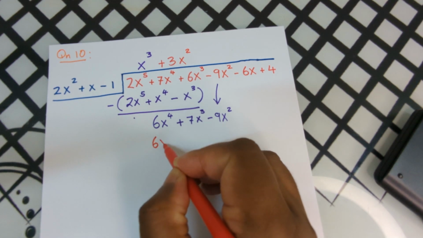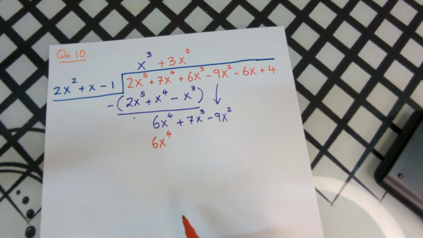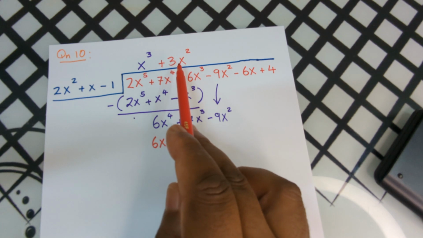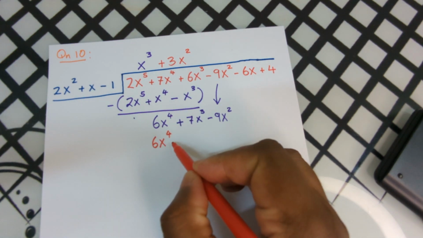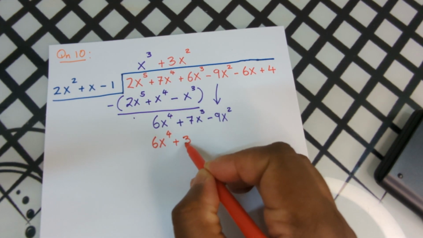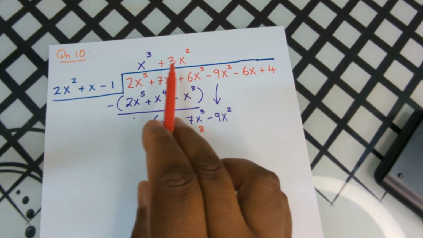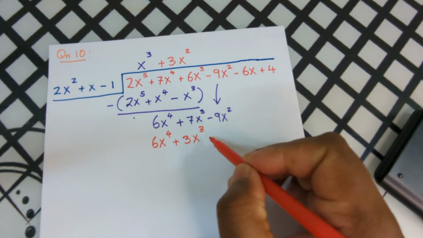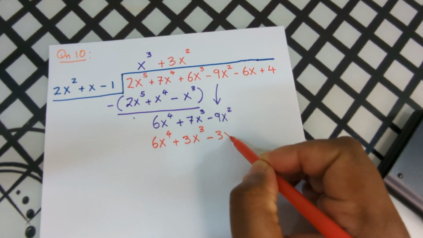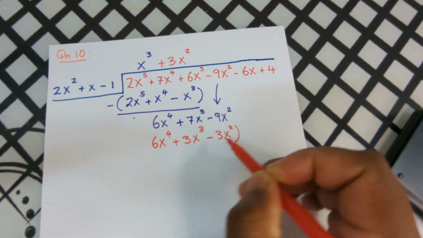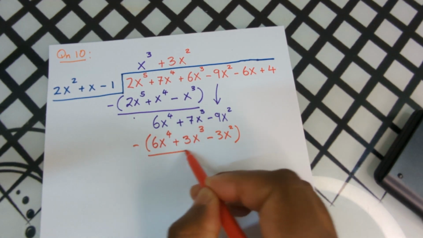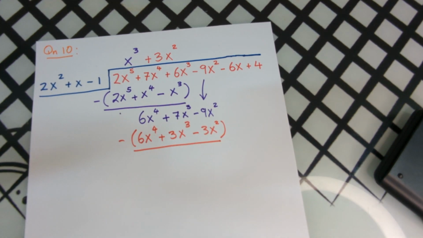This will be 6x to the power of 4. And then 3x squared multiplied by x will be positive 3x cubed. Then 3x squared multiplied by negative 1 will be negative 3x to the power 2. Close our brackets and subtract.